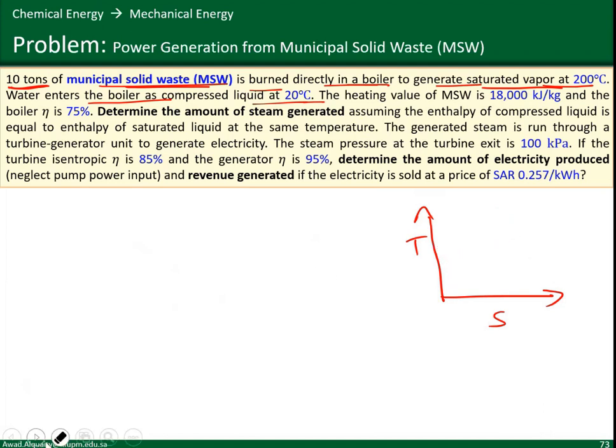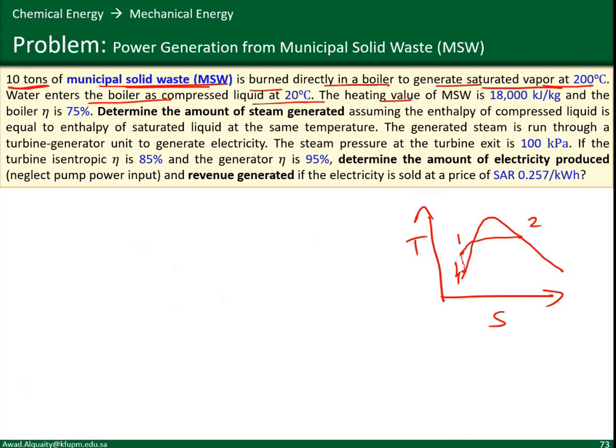Give me more space. All right, so this is state 2. This is state 1. So this is state 4, and that's the information we have for now.